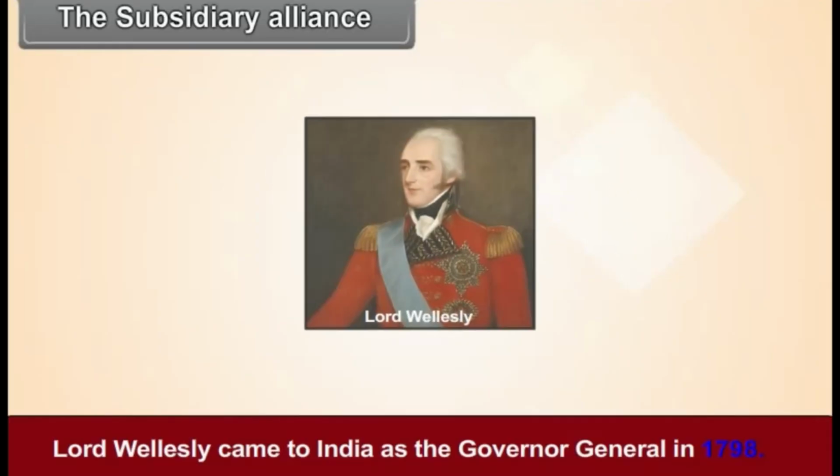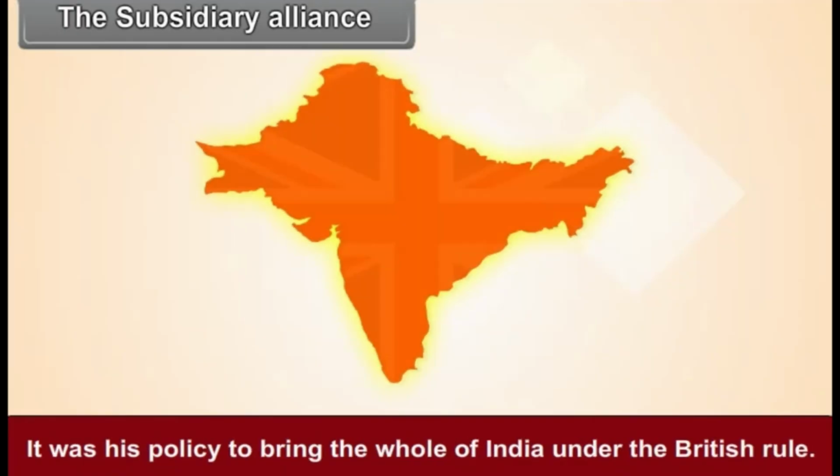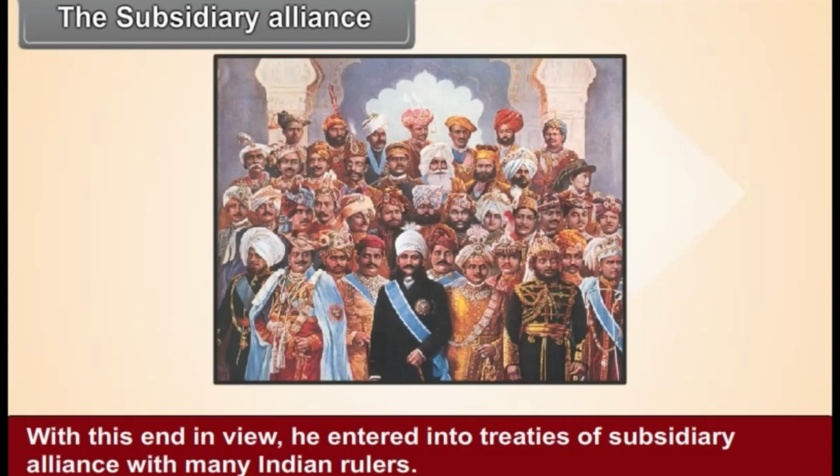The Subsidiary Alliance. Lord Wellesley came to India as the Governor-General in 1798. It was his policy to bring the whole of India under the British rule. With this end in view, he entered into treaties of subsidiary alliance with many Indian rulers.